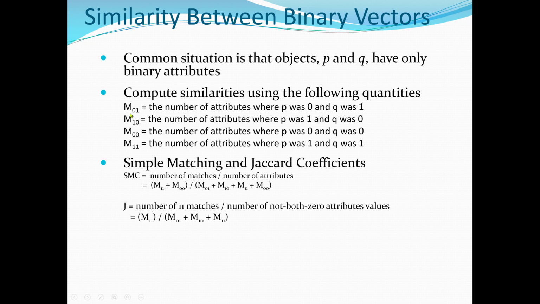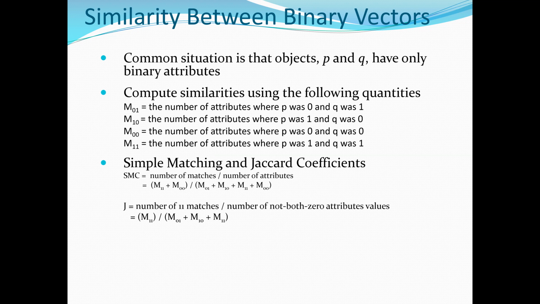M01 is the number of attributes where P was 0 and Q was 1. M10 is the number of attributes where P was 1 and Q was 0. M00 means the number of attributes where P was 0 and Q was 0. M11 means the number of attributes where P was 1 and Q was 1.